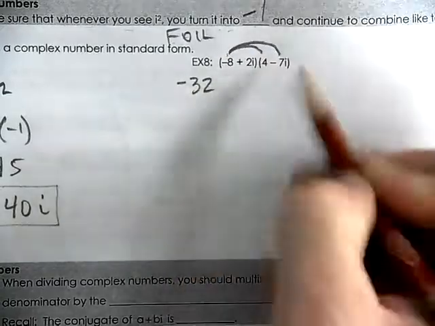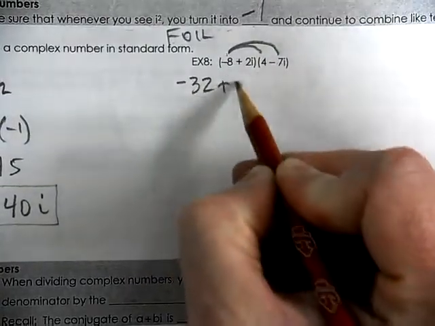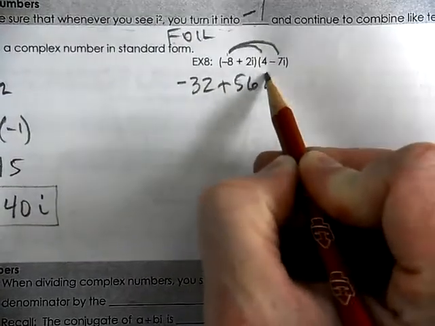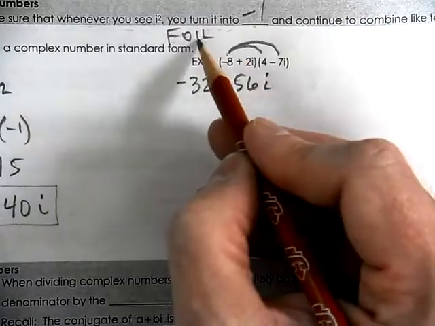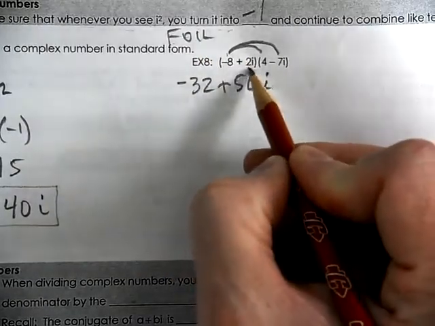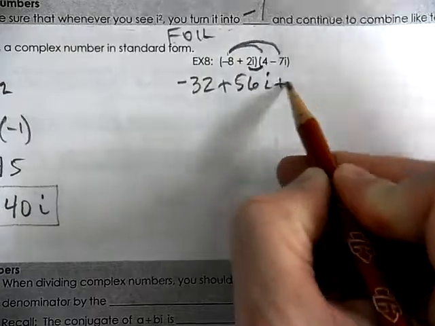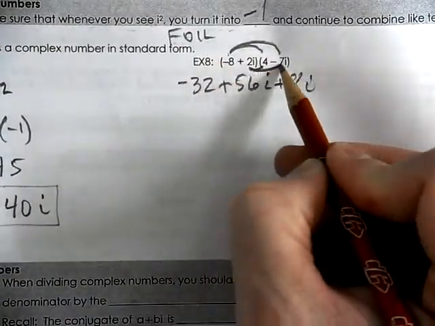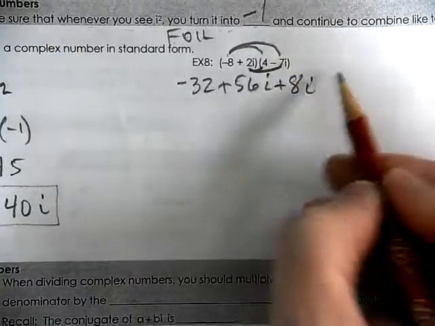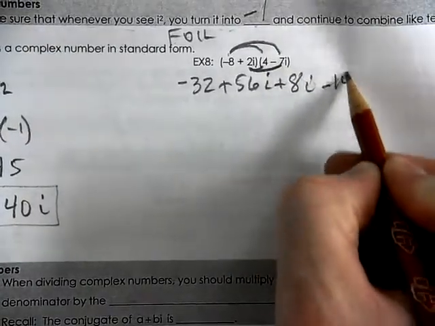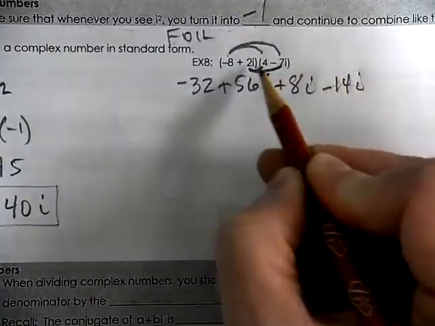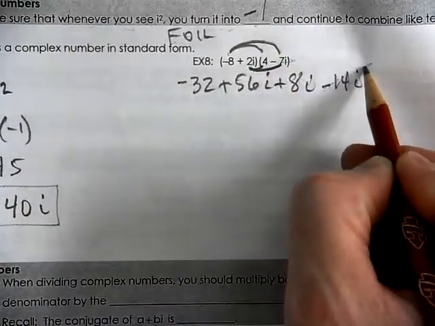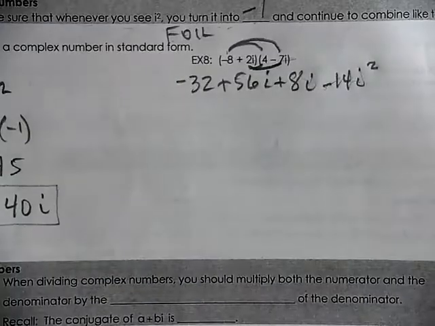O means the outer, which is a positive 56i. I stands for inner, so we're doing the inner portion, which is positive 8i. And L stands for the last, so that's going to be a negative 14i, and because it's i times i, it's i squared.